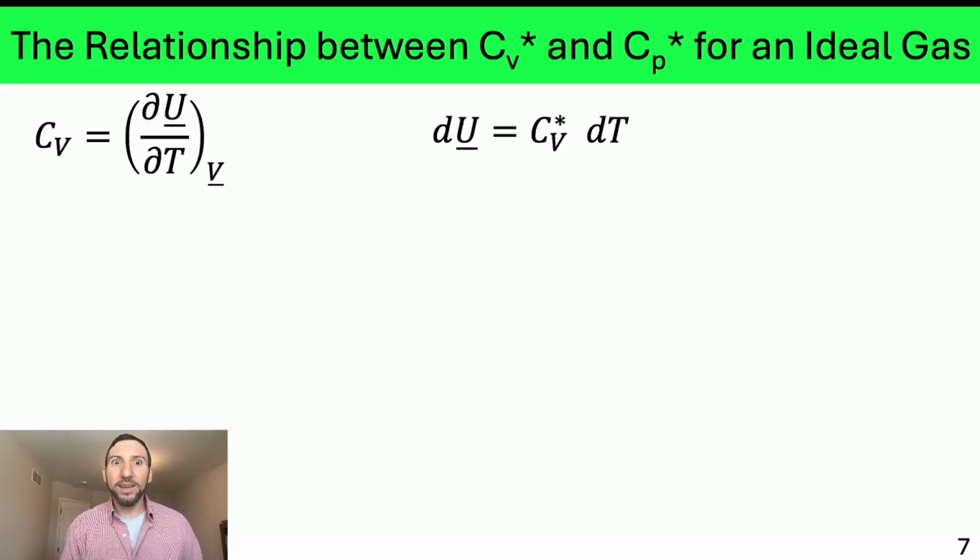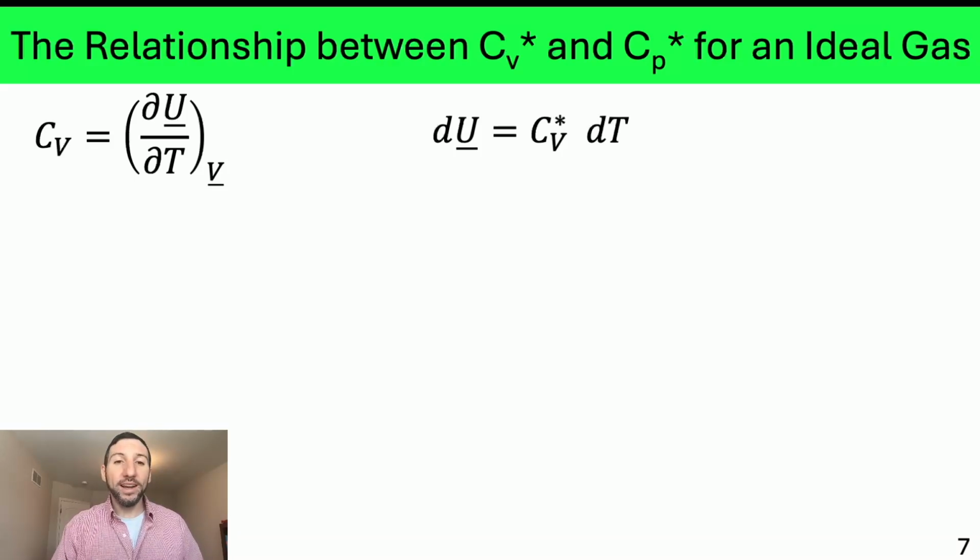Now, I will admit that there is some behind the scenes math that allows us to simplify our partial derivatives into a normal derivative. That math hinges on the fact that ideal gases do not have any changes in volume. They actually have no volume. And that allows us to make this simplification from a partial to a normal derivative.